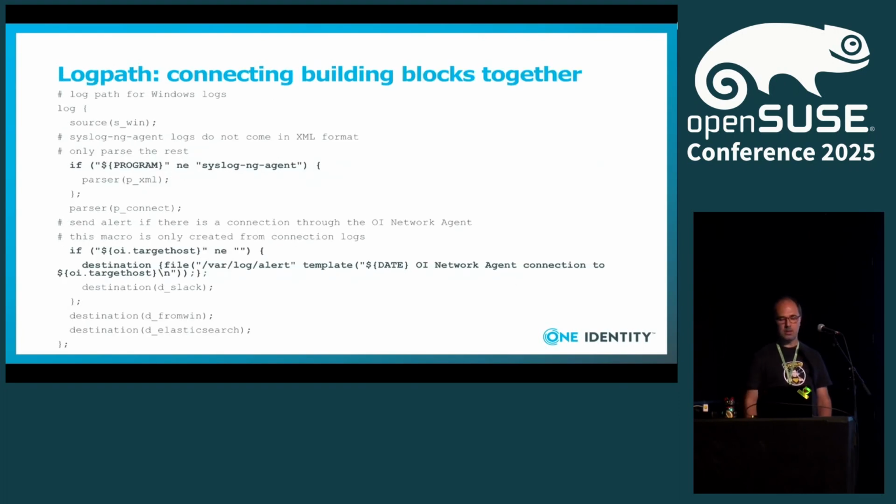And here we can see yet another log path where we connect all of the previous building blocks together. The log source, then we check the name value pair for the application name and use the XML parser only if the log message is not coming from Syslog-ng.